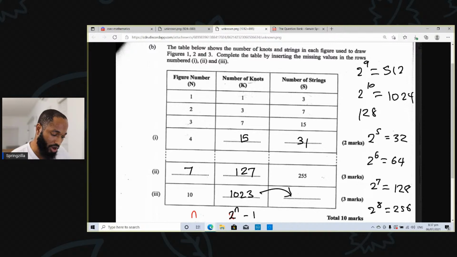And this one will be 1 up. 2 to the power of 11 is how much? Oh, geez. 2048, 2047. Yeah. 2047.